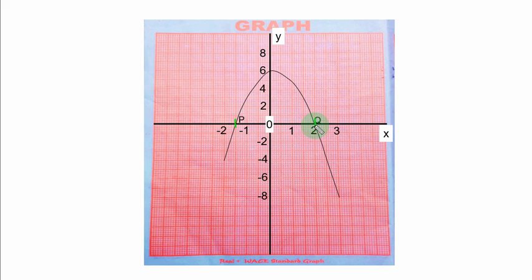The scale on the y-axis also means 1 centimeter to 1 unit. From the origin here to the end of the first box is 1 centimeter. So the next one is 2 centimeters. Either you say 2 cm to 2 units or 1 centimeter to 1 unit.